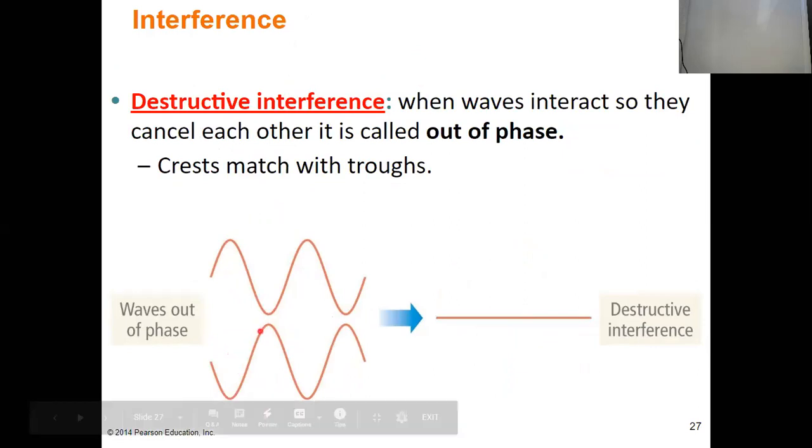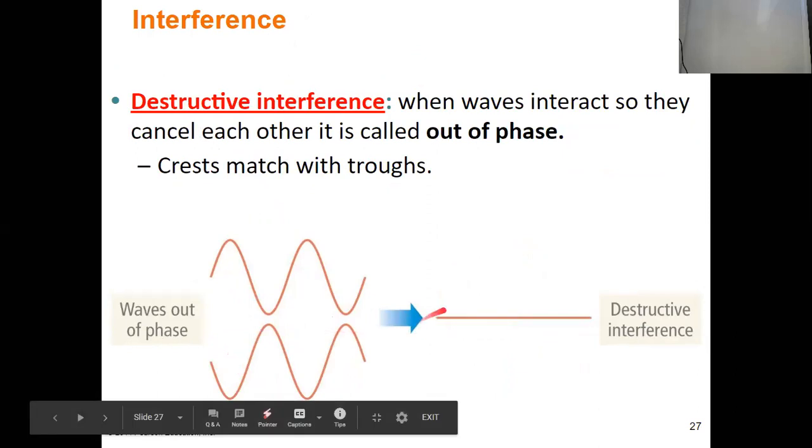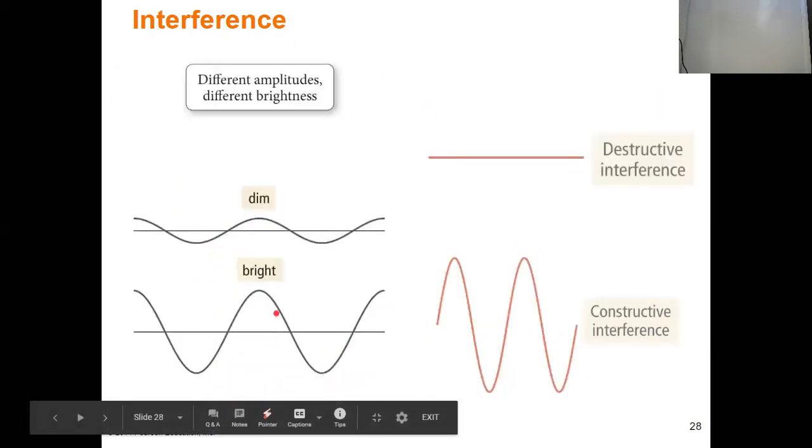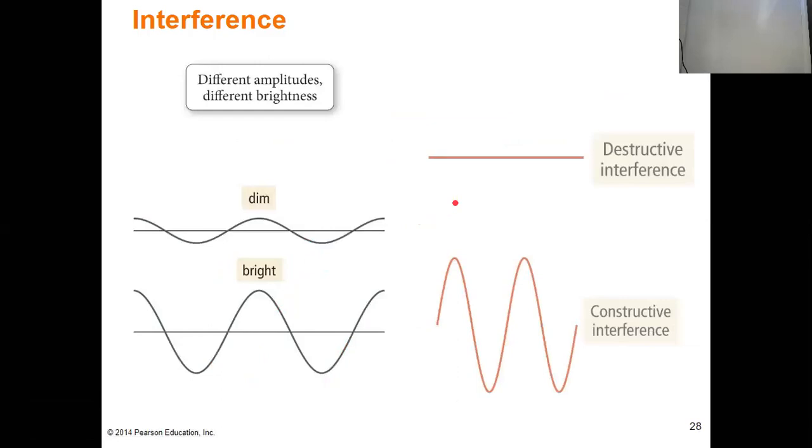Instead of having bigger waves, you end up with smaller or no waves, because the crest of one hit the trough of another one and they canceled each other out. And that's what keeps on happening. They keep canceling each other out every time they interact. So why you need to know this is because when you have destructive interference, you end up with a dimming effect, okay?